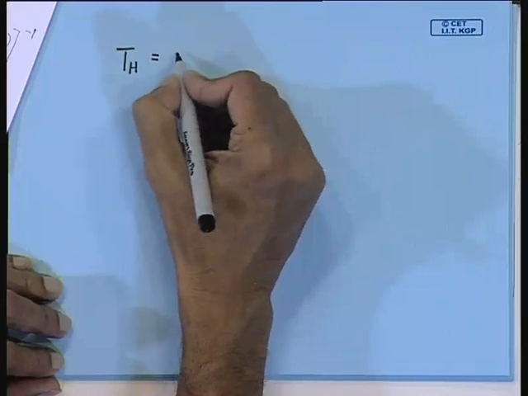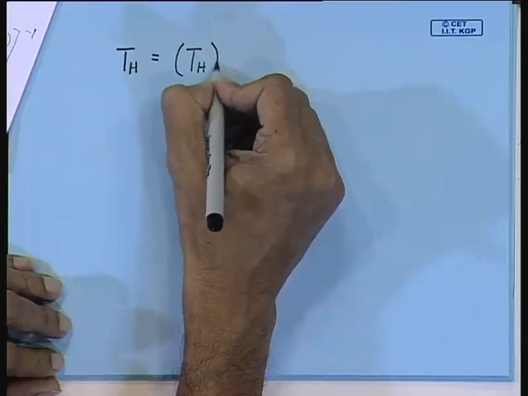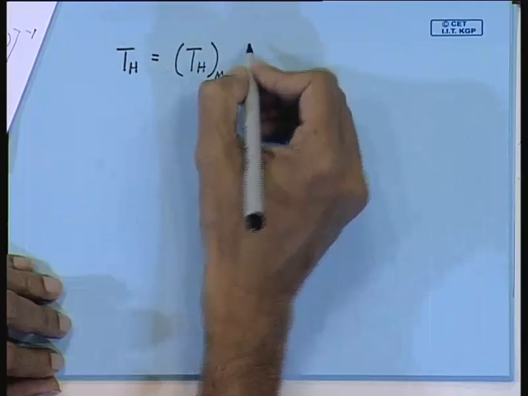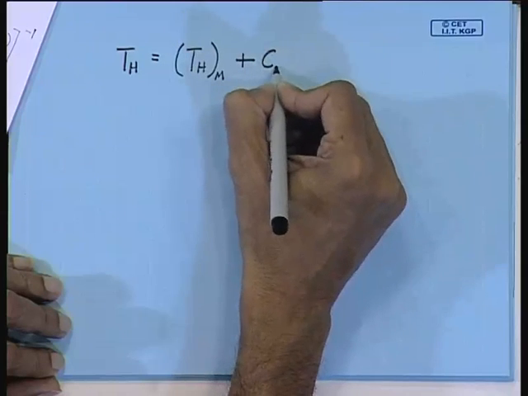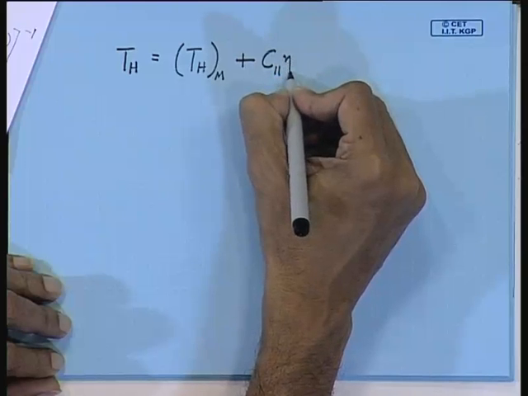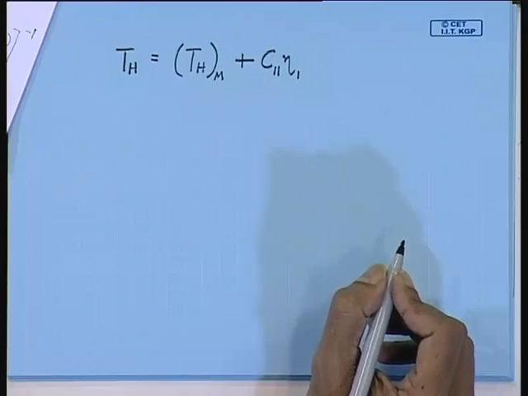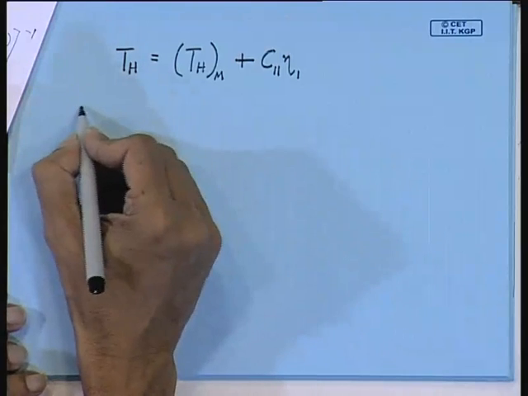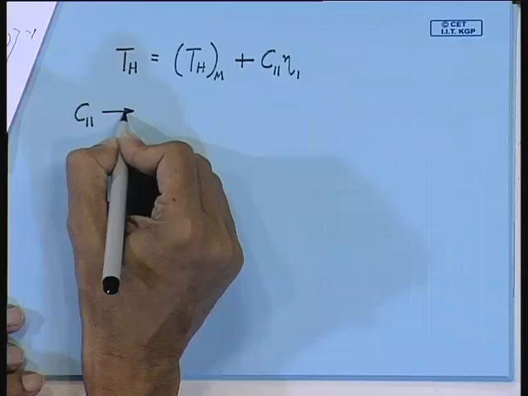TH has one mean value, you write this as M, and the other one is a variable term. So this you write as C11 eta 1. So let us say this 11 stands for the surge. Now this term C11 is called cable stiffness.